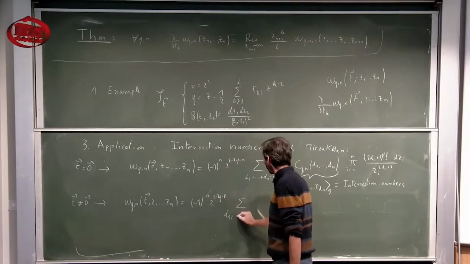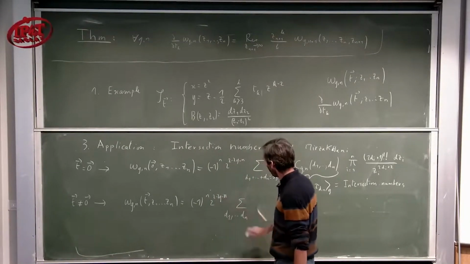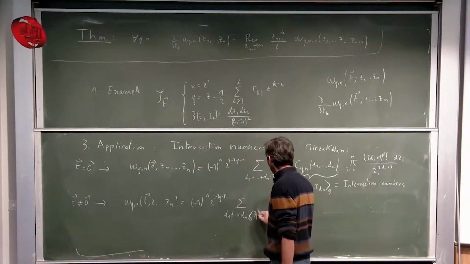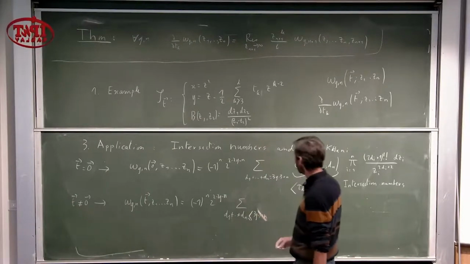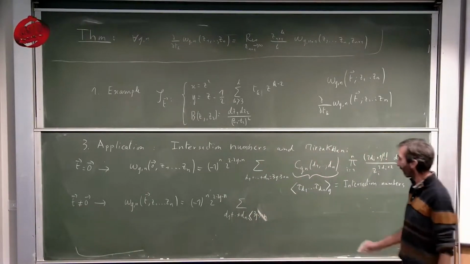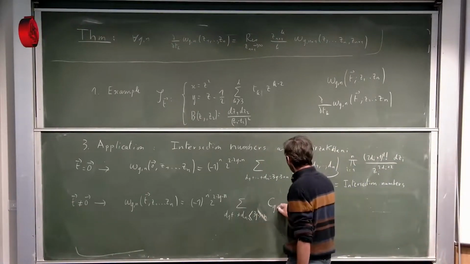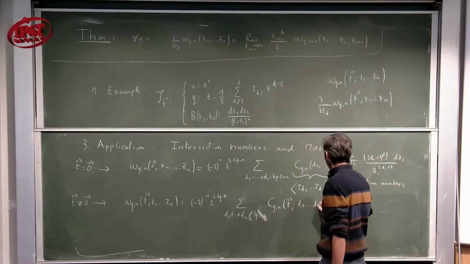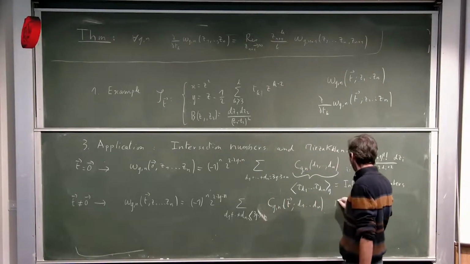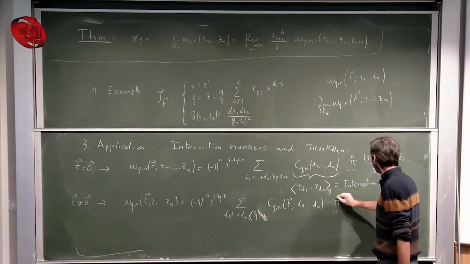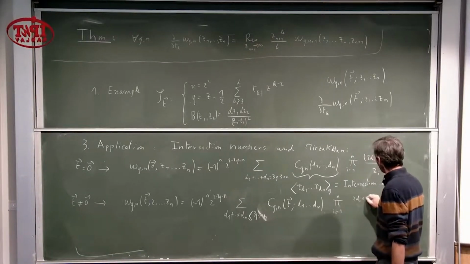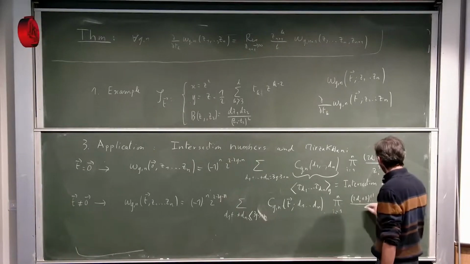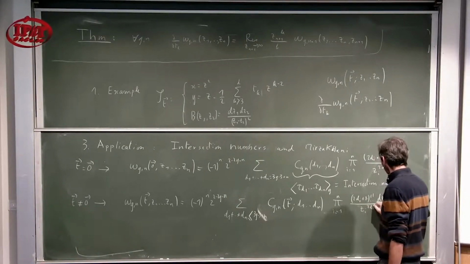All we know is that their sum will be less or equal to 3g minus 3 plus n, which is by recursion, but they are not necessarily equal. And let me write c_{g,n} of t, d1, ..., dn, product from i equals 1 to n of (2di+1) double factorial zi over zi to 2di plus 2.